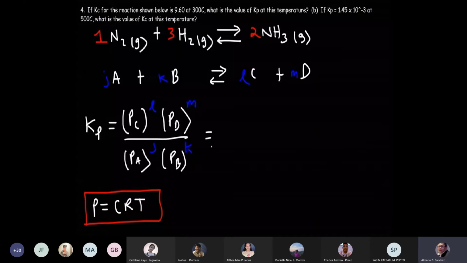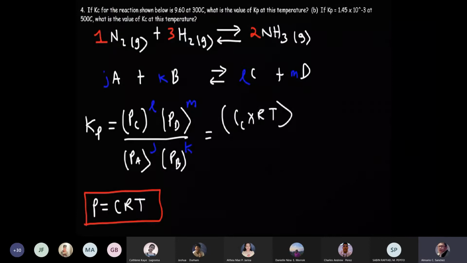So I'm just going to rewrite that here. Now what we're going to do is replace P with CRT in this expression. So the partial pressure of C, we can replace with the concentration of C times RT, raised to the same exponent, L. Let's do the same for the rest.